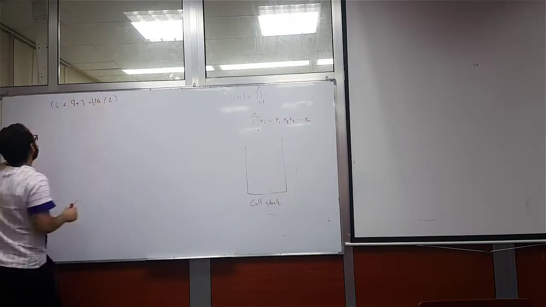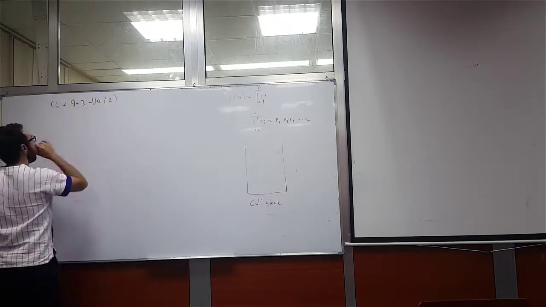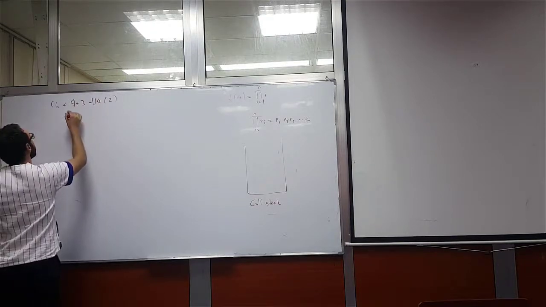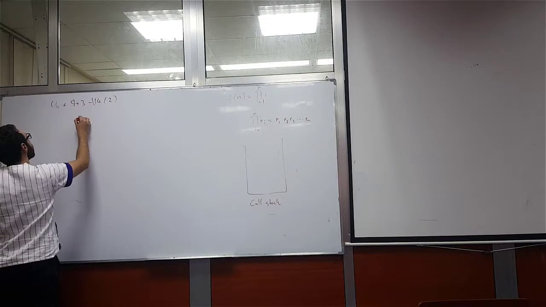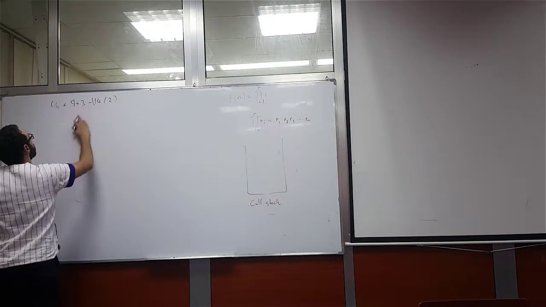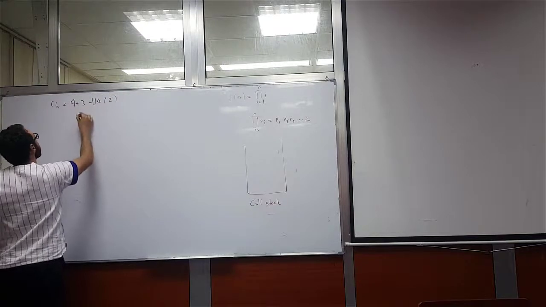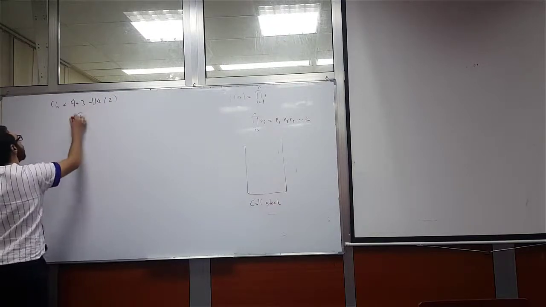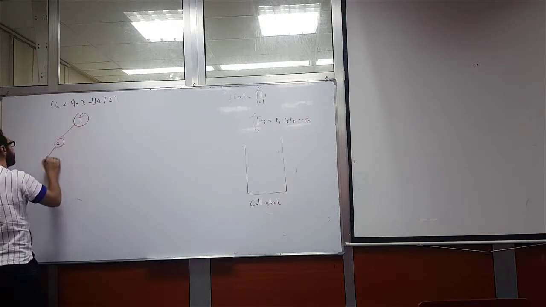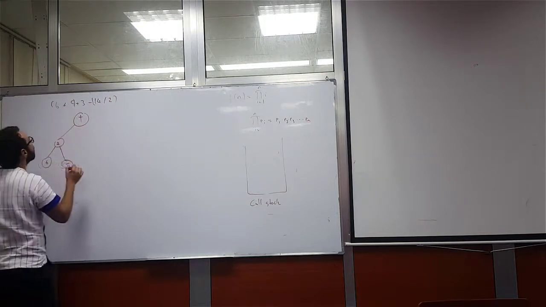I'm just going to put parentheses for being clear on distance. And first we are going to start with multiplication, no, it means we are going to start with plus. And on the left we have multiplication. On the left we have 6 and 5.